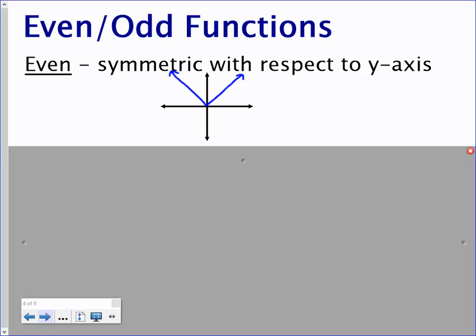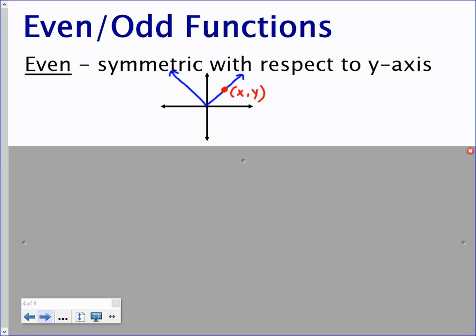Okay. And I'm also going to show you an algebraic test to prove if something is even or odd. To think about that algebraic test, I'm just going to pick a point over here in this first quadrant, and I'm going to call this point some x, y. So suppose x, y is on the graph.